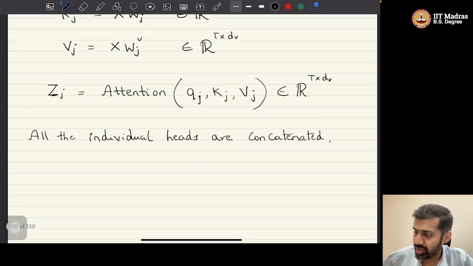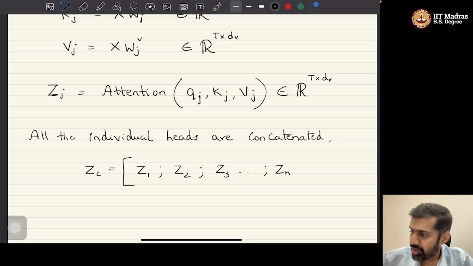Let's call that Z concatenated, as you take Z_1 concatenated with Z_2, concatenated with Z_3, and so on, and finally Z_h. So all the attention matrices that are gotten by the individual heads are concatenated.